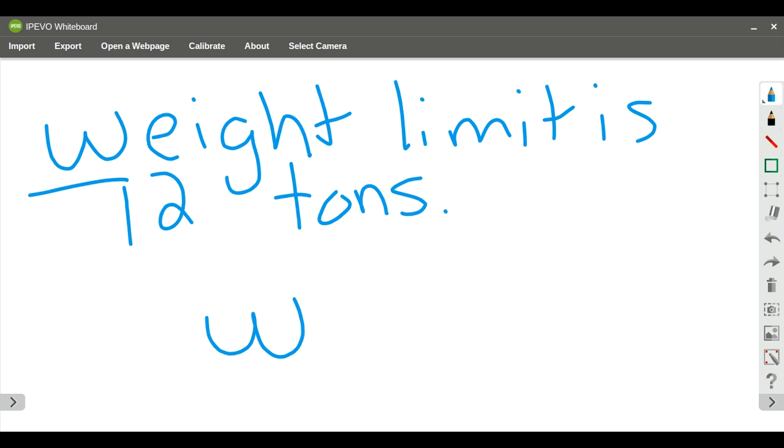So my value for W has to be less than 12. But I can have a truck that's 12 tons drive across that bridge and be totally fine. So weight is going to be less than or equal to 12. Okay.